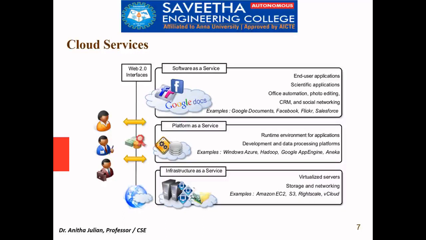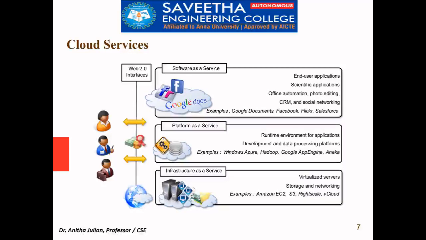We already know we can own the whole cloud environment. That is infrastructure as a service. I am taking the server, storage, networking, everything I am renting from the cloud service provider. That becomes infrastructure as a service.